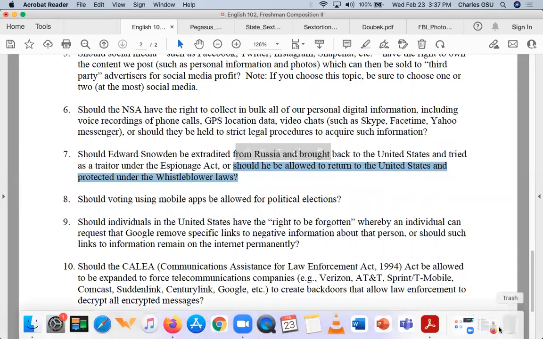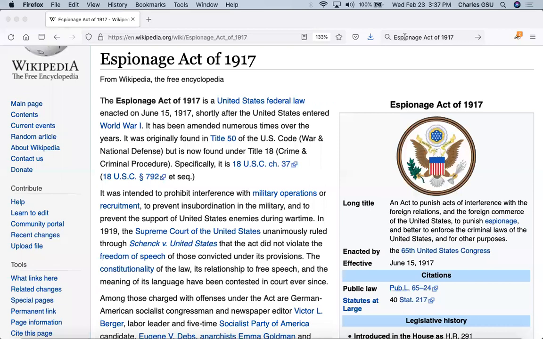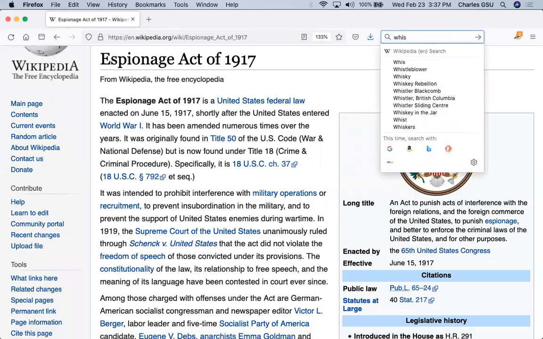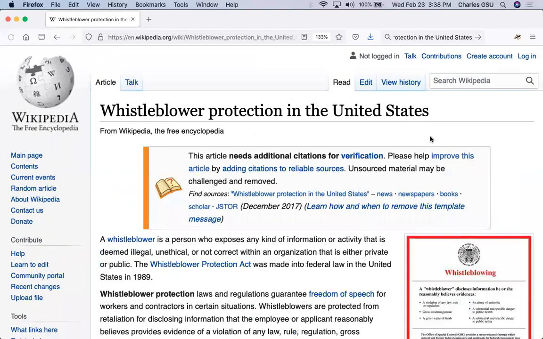Remember, a whistleblower is someone who, of course, like a referee on the field, is calling a foul.